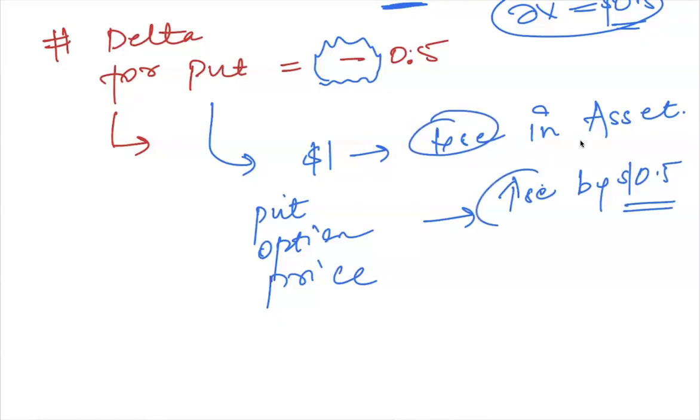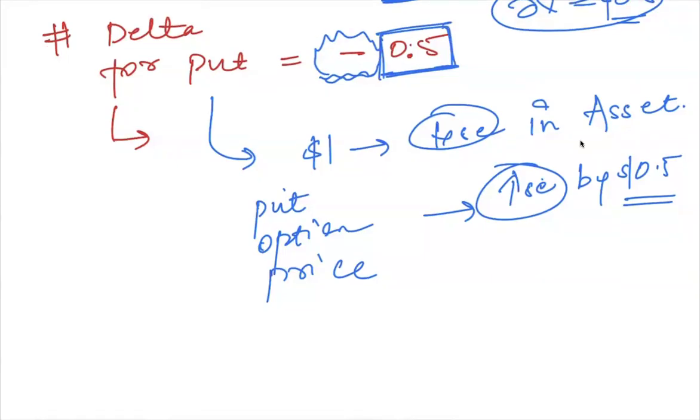So if you see decrease, increase, it shows an inverse relationship. That's why we have a negative delta. And this number basically tells you how much the value of your option price will get affected, and the sign tells you the direction of it.